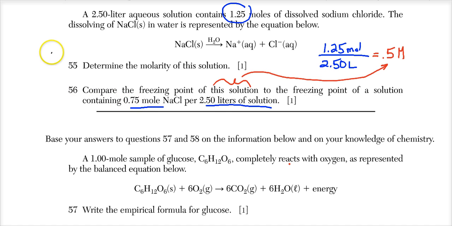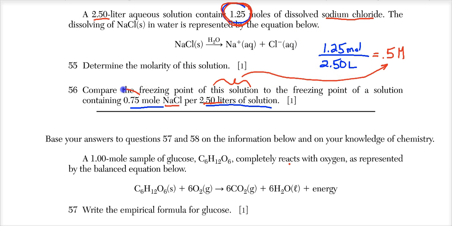So in this new solution, we have to figure out which is more highly concentrated. It's still NaCl, so we don't have to consider whether there are salts that dissociate more. It's the same compound. You notice it's the same amount of water, right? So we added 1.25 moles of sodium chloride to 2.5 liters.